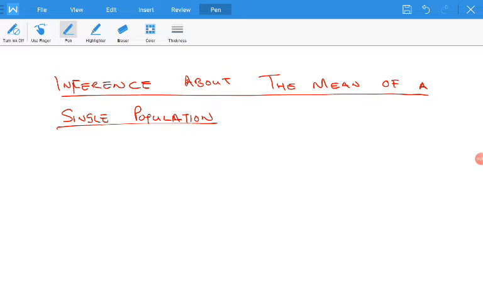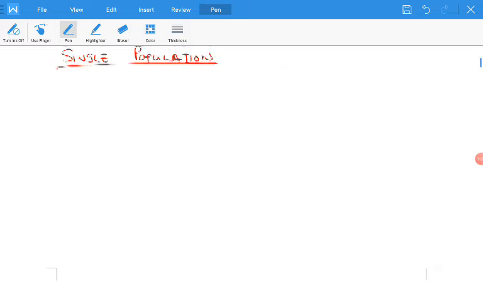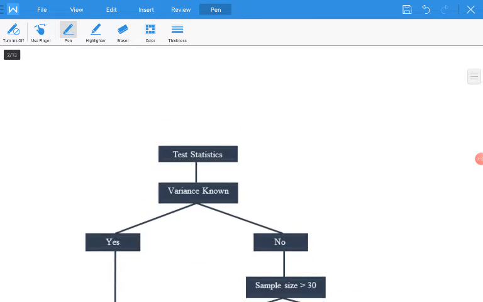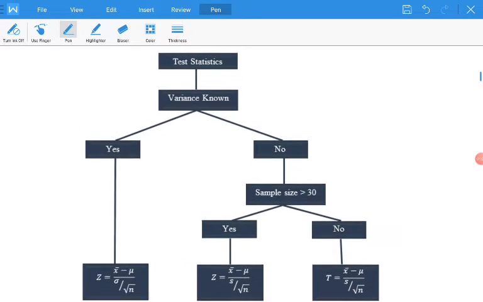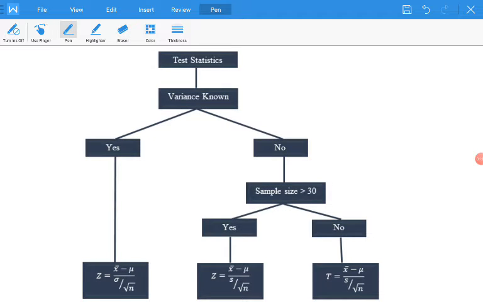So I have created a graph which shows you the basic guidelines, because generally there are three different scenarios. You will use these scenarios when choosing your test statistic.